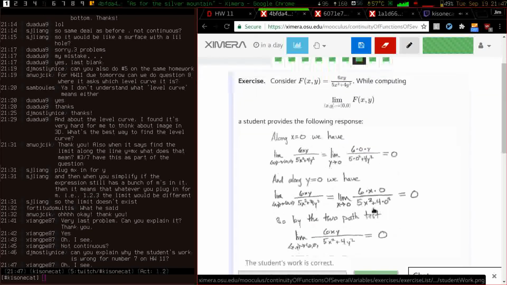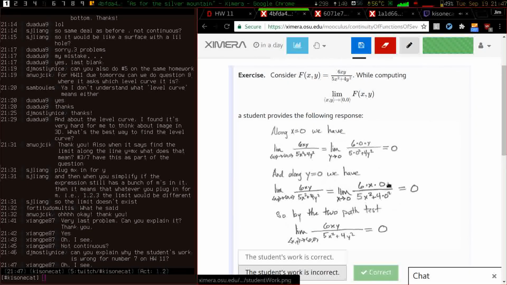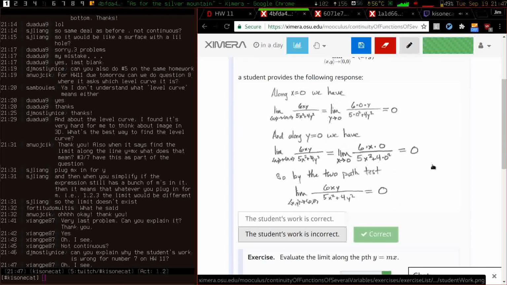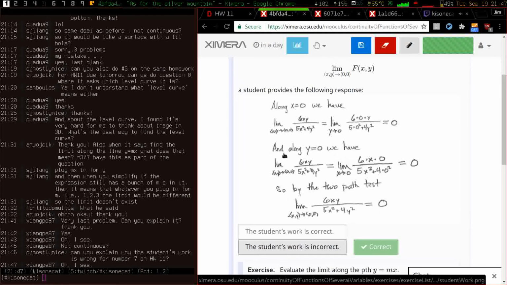Okay. So the problem here is that this student has only looked along two paths. They explored this function given by the rule that sends xy to 6xy divided by 5x squared plus 4y squared only by searching what happens along the line x equals 0 and along the line y equals 0.